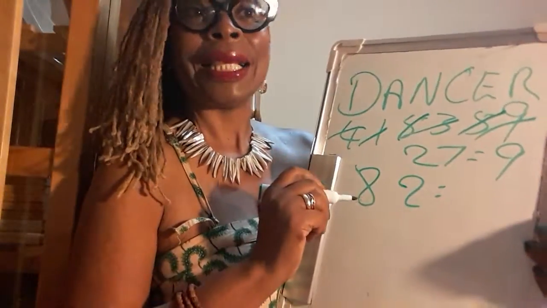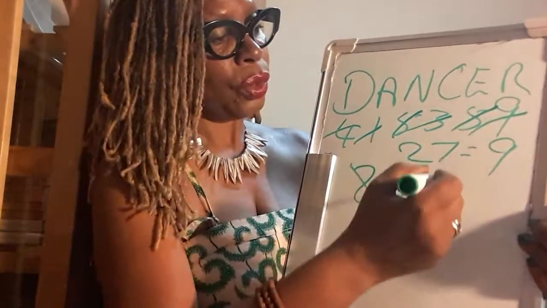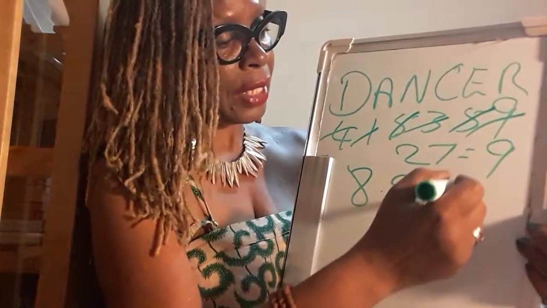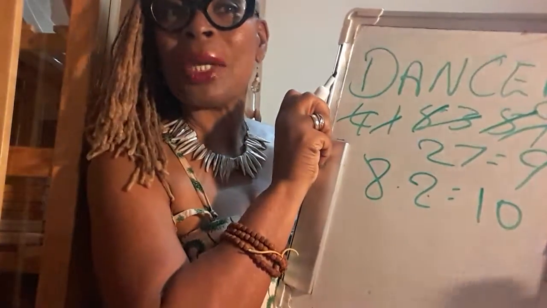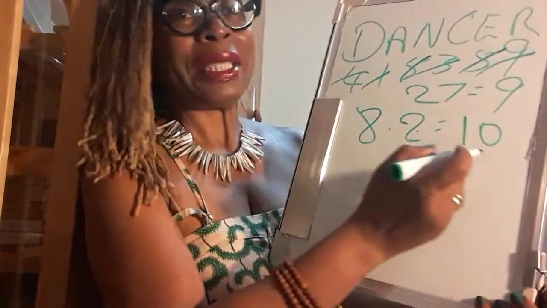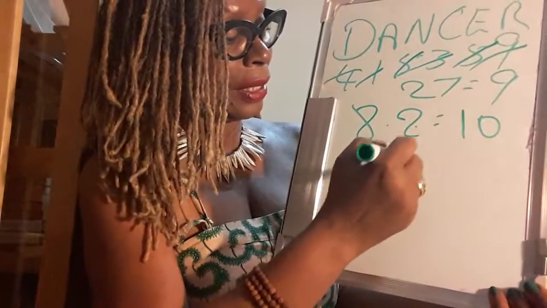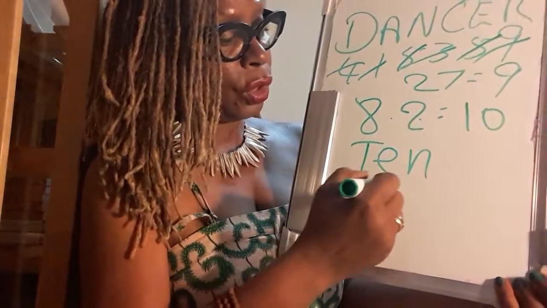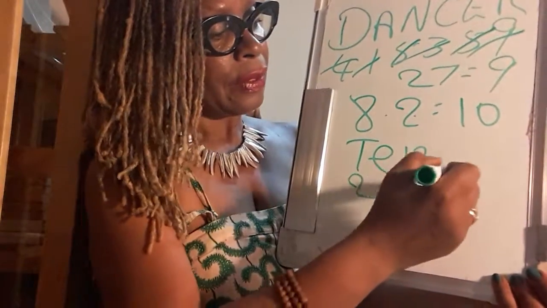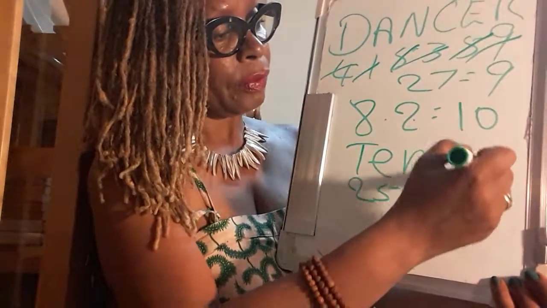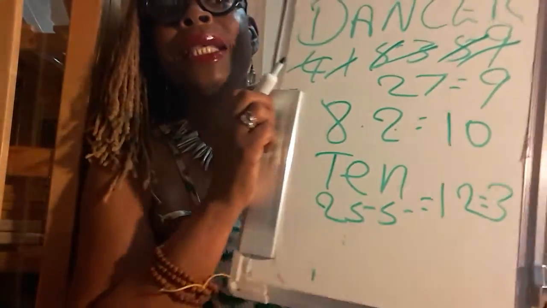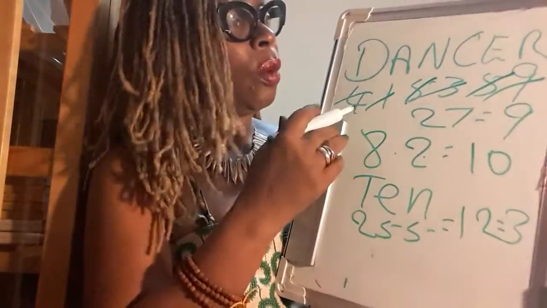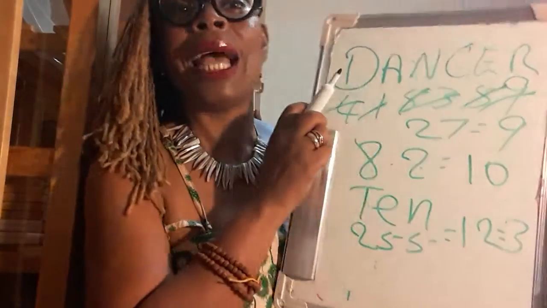If we add this together, 8 plus 2 is 10. And because we are working with 3, and I've done 10 before, let's look at this. TEN, which is 255, equals 12. 1 plus 2 is 3. Can we see what I mean when I said that 3 is the dancer?